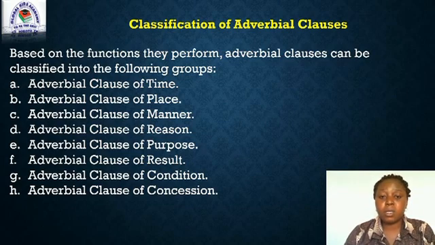Now, adverbial clauses are introduced by subordinate conjunctions. Just as we said that adjectival clauses are introduced by relative pronouns, adverbial clauses are also introduced by subordinate conjunctions. And each subordinate conjunction tells us what type of adverbial clause the expression is.